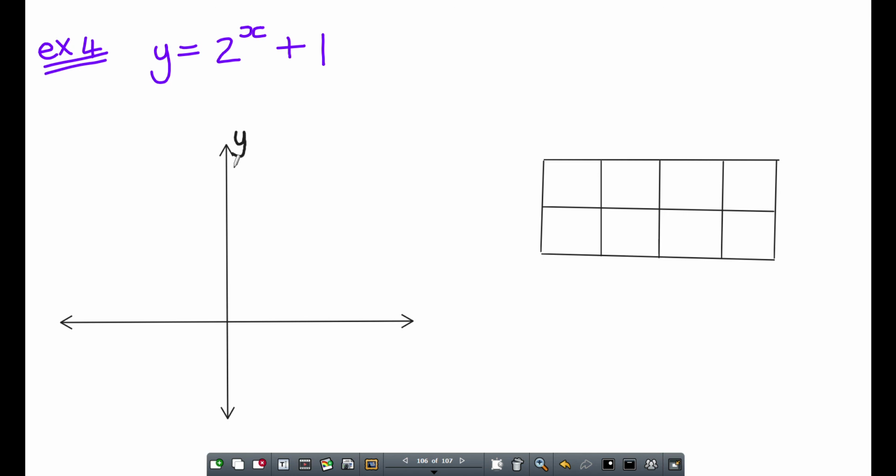Okay, let's have a look. So that plus 1 means that the whole graph moved up 1 unit. So now my x-axis will no longer be my asymptote. It must also now shift up one unit. So my asymptote is going to be over here.